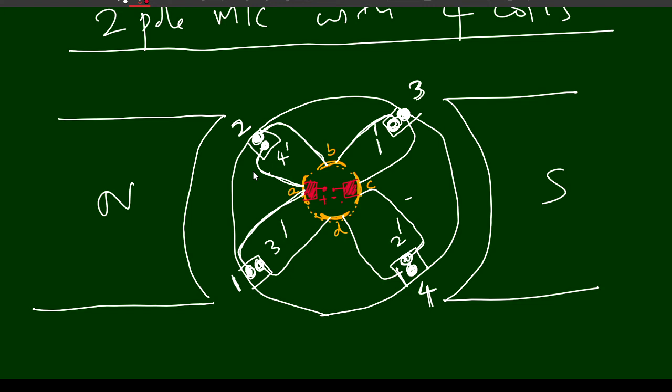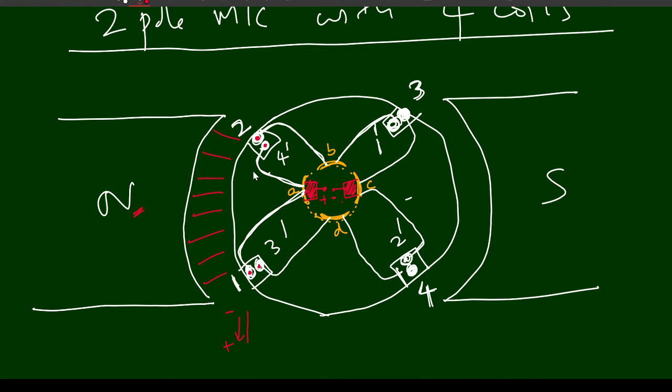Because this is the north pole, the conductors under the influence of this north pole, as we have discussed in the first lecture, the EMFs induced will have their direction in this direction, dots will be there. Dots means the current is flowing, or EMF has a plus sign, and this is minus sign, and current will flow like this if connected.